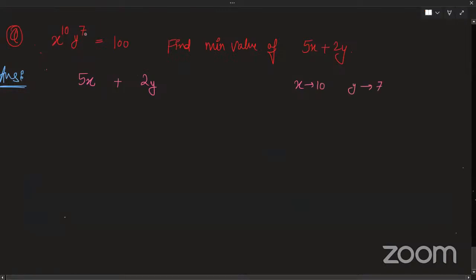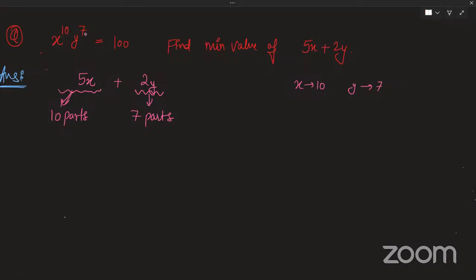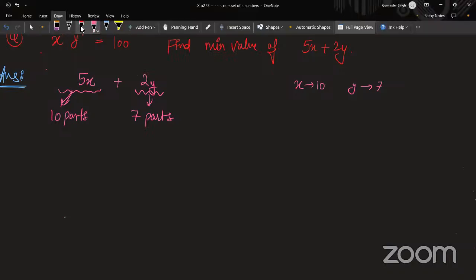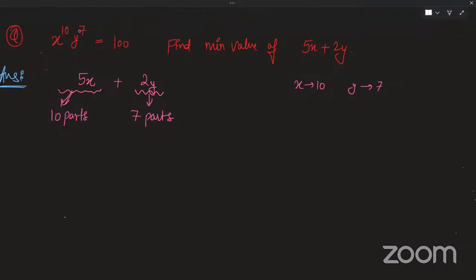So in order to achieve it, I will be splitting this thing into 10 parts and this thing into 7 parts. So total, how many parts do I have now? 17. Correct. 17 observations. 10 of those will be 5x by 10, and 7 of those will be 2y by 7.